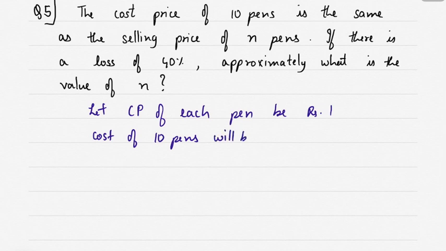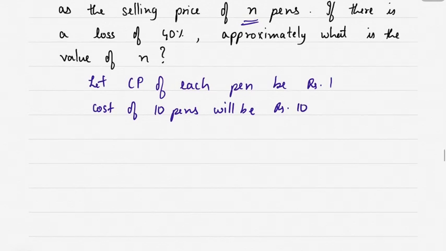So that means cost of 10 pens will be rupees 10, because cost of 1 pen is 1 rupee. Cost of n pens would be n rupees. You don't know how many pens there are. n means n number of pens, some number. We don't know value of n. So cost of n pens will be rupees n.